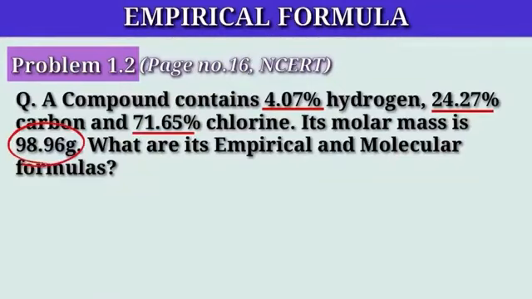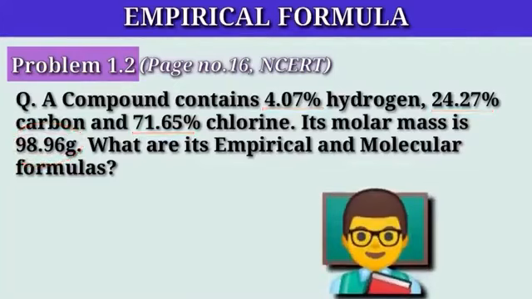This mass that has been given as 98.96 is the mass for the whole compound. But now we are going to first use the atomic masses for each of these, and then we shall see how we can use that mass later on.